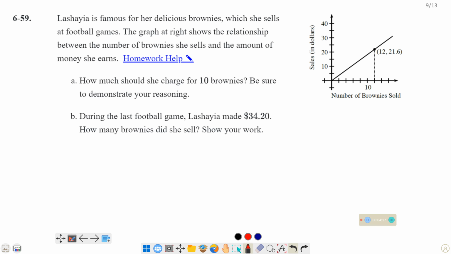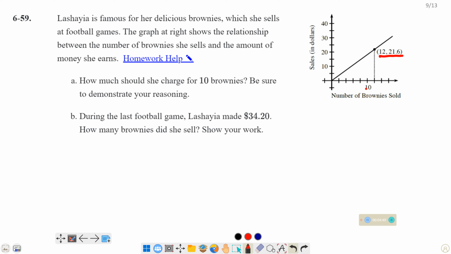Well, the number of brownies sold, so I'm going from this number 10 up. Now I'm ignoring this number because that doesn't help me right now. I'm using the number of brownies sold, 10, and I go over right there. And the question is, how much money is that? Now, there might be another way to solve this problem.